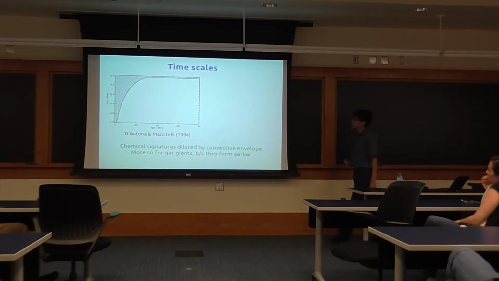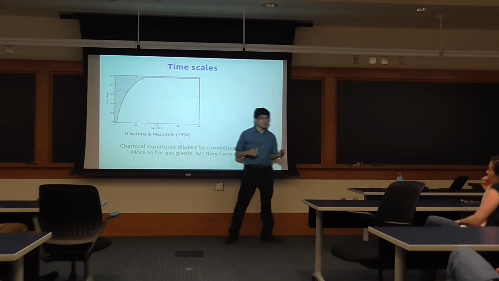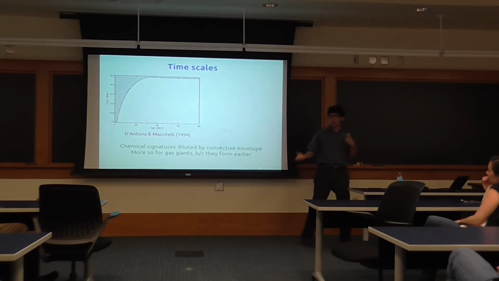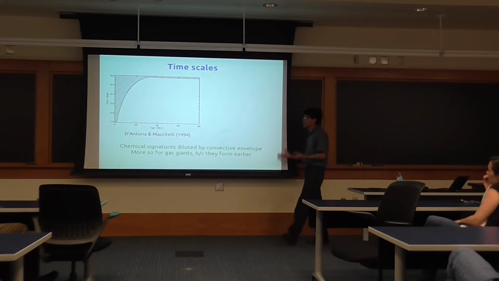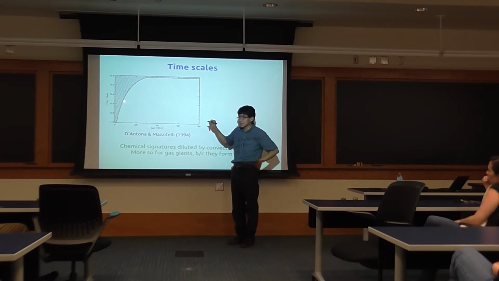And what we think is the reason for that is, once again, that the planets and the star are forming at the same time. The star is not yet done. So this plot here shows the convective envelope mass of a solar type star as a function of age, since it begins as a star.